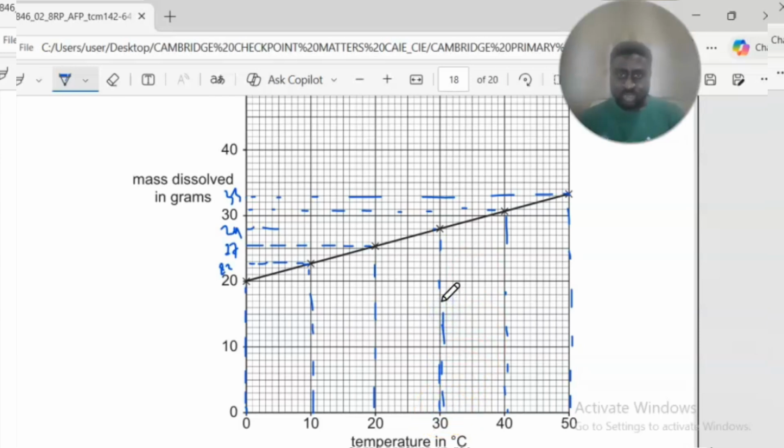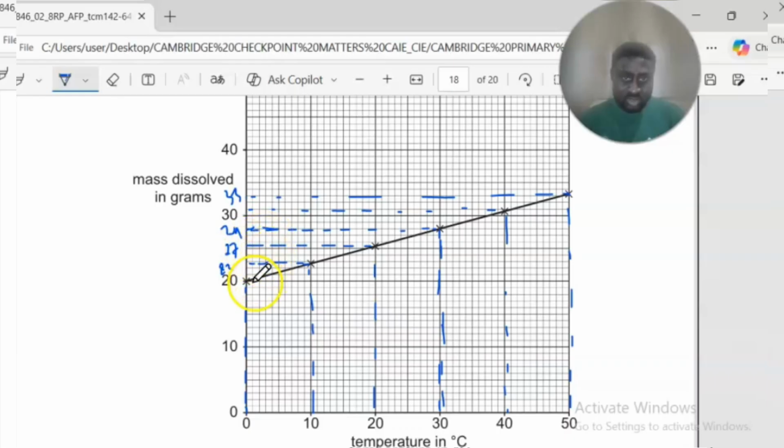Use your transparent ruler to trace up to where it meets the line of best fit on the graph. Then you take it using broken lines again, using your ruler, and trace it to the mass axis. And what does that give us?